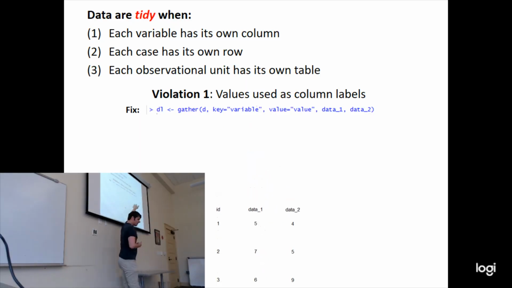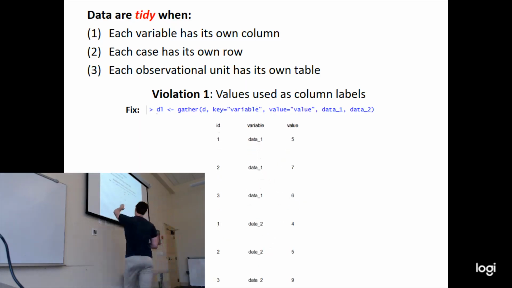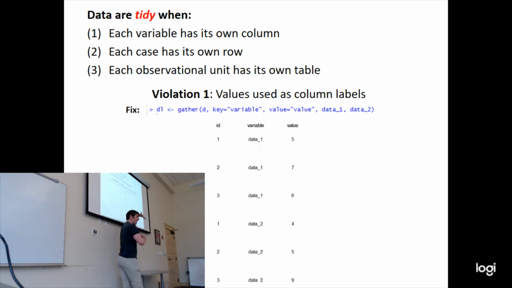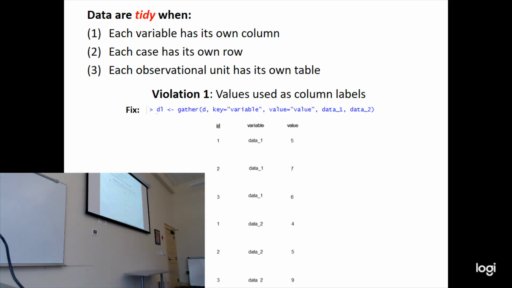I have to expand the number of rows because that's information that you get from these being in the headers. So this is like a compact way of displaying the data. But once I've doubled the number of rows, one for each grouping of data underscore 1 and data underscore 2, that makes my data tidy.